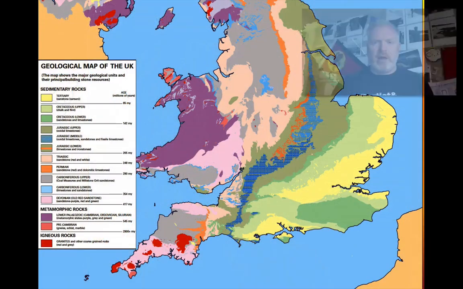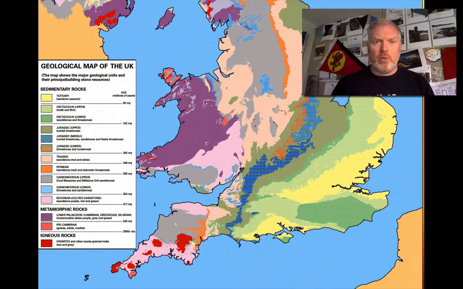If we look at southern England and Wales, we see those same purple age rocks in Mid and North Wales, those are Caledonian orogeny folded rocks as well. But you'll see further south from that, we don't see rocks of that age.